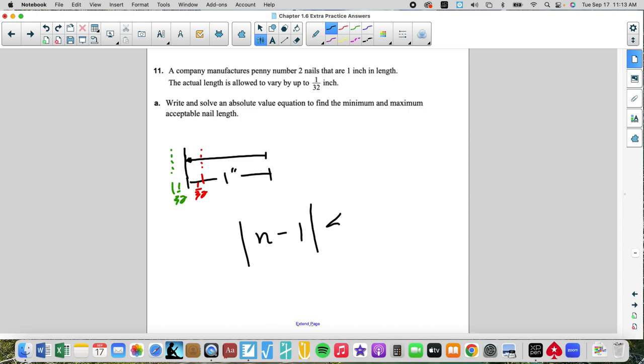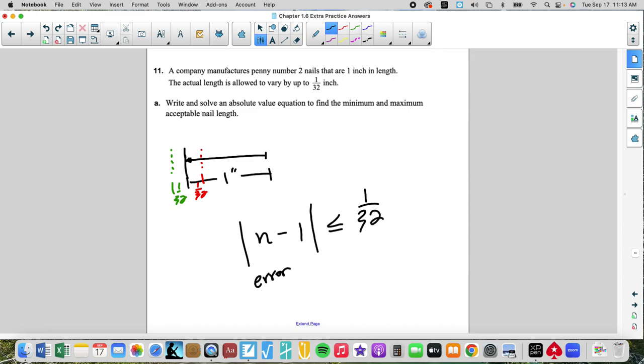Technically it has to be less than or equal to 1/32, sorry. So that distance has to be this error. This is the error.